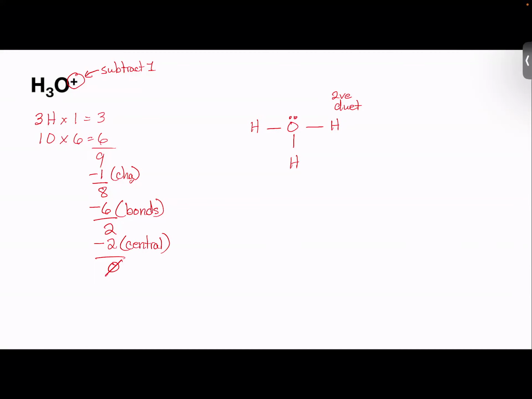Now, when you hit 0, you verify, does everybody have an octet? Your hydrogens have their duet, and your oxygen does have an octet because it has 6 electrons within the bonds and 2 electrons in the lone pair. Now, the last thing we have to do is take into account the fact that this is an ion, and all Lewis structures for ions go in brackets with the charge outside.